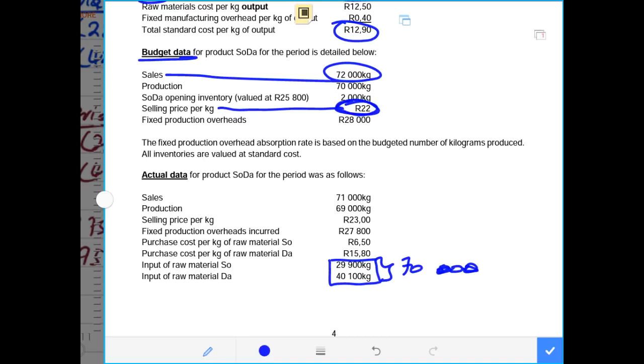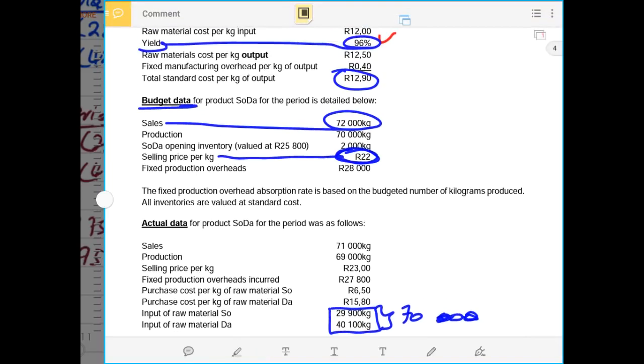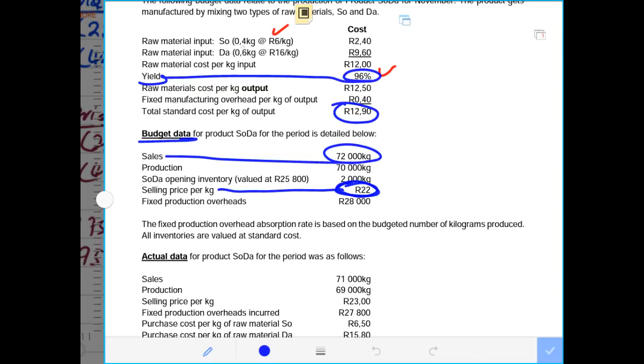Then we take the actual material and multiply it by the standard kgs per unit, so that we get the standard input allowed for the actual yield, meaning how many kgs were supposed to be the input in order for the company to get the output of 69,000.